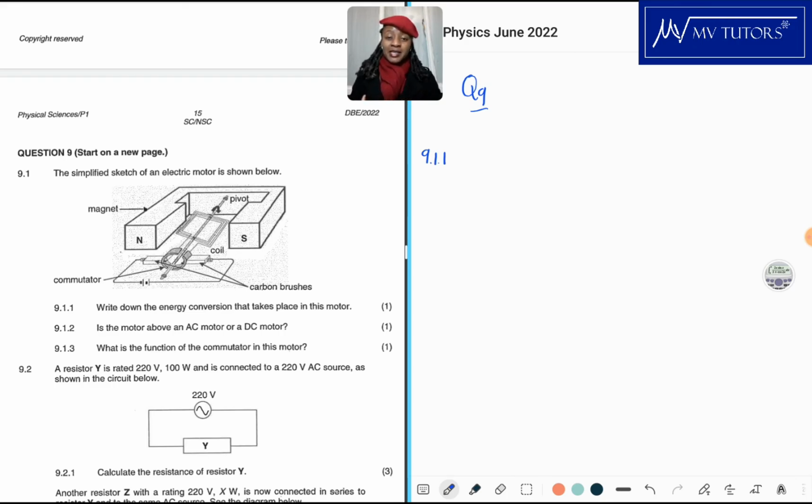So if that is what a generator does, the motor does the opposite. A motor converts electrical energy to mechanical, and hence we have motor cars. So in this case, because we have a motor, the energy conversion would be electrical to mechanical.